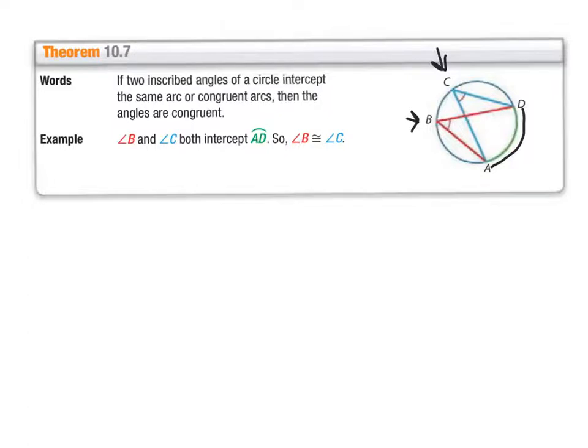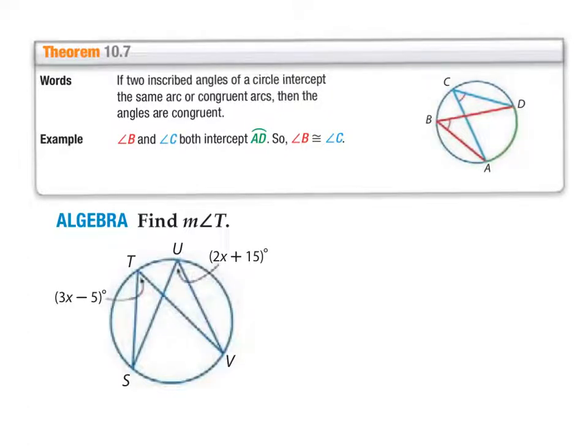Here's the first one. In this problem, they want us to find the measure of angle T. I notice that this is angle T right here, and this is angle U right here. Notice both of those angles share the same arc. So because they share the same arc, we can say that they're congruent.